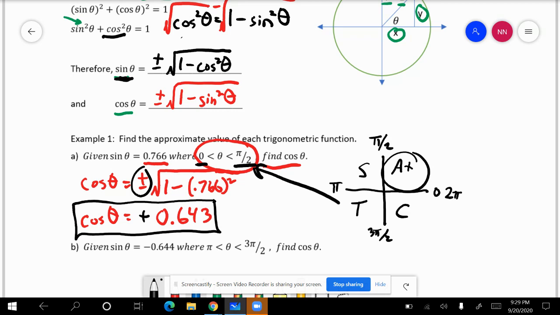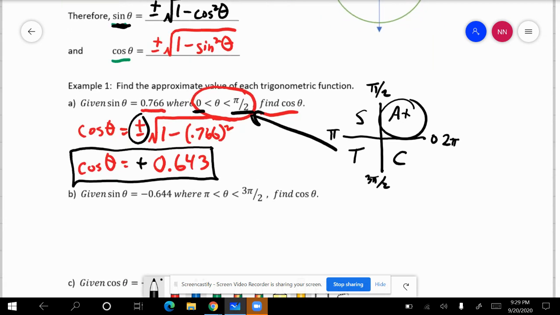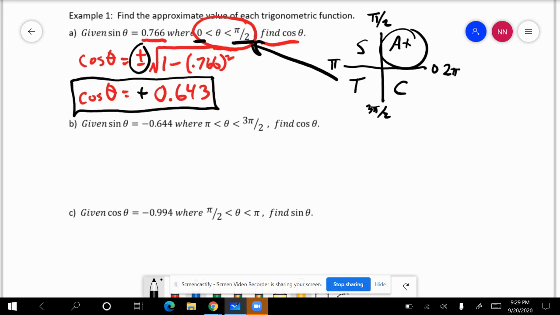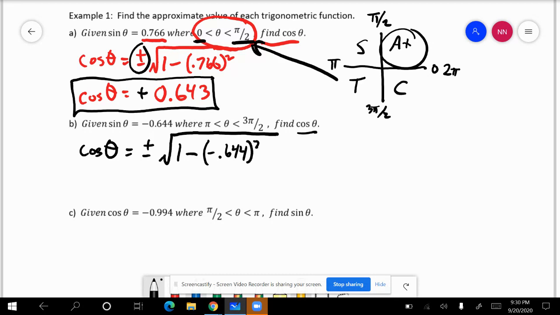For letter B, we're going to do the same thing. We're solving for cosine. We're going to go cosine of theta is equal to plus or minus the square root of 1 minus, and we plug in our value, negative 0.644 squared.